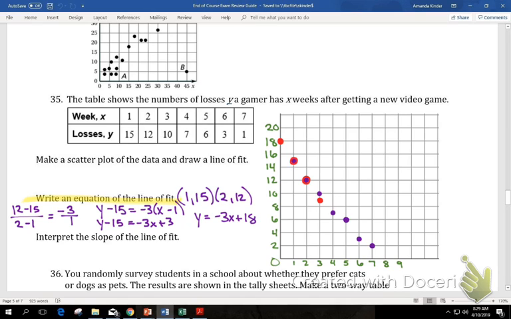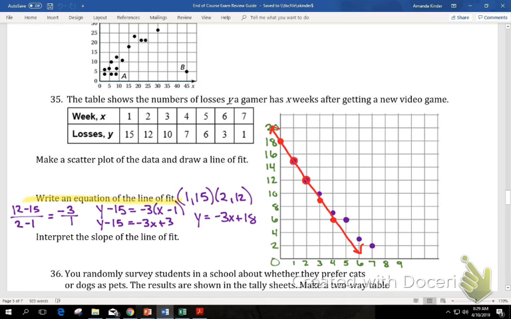Down 3 over 1 again. Uh-oh. What does that mean? That means that he actually lost more games in week 3 than maybe he should have. Not a big deal. Maybe he just had an off day or something. So what the line of fit is showing me, again, it's not just connecting the points that are already there. It's showing me how the data should be trending. Okay? That's it. So this is definitely something you need to look back over.